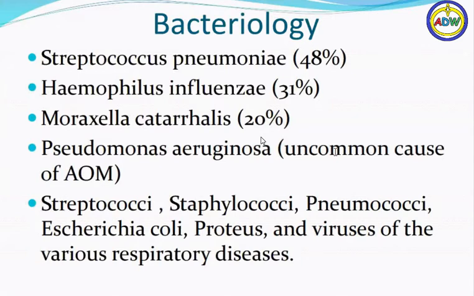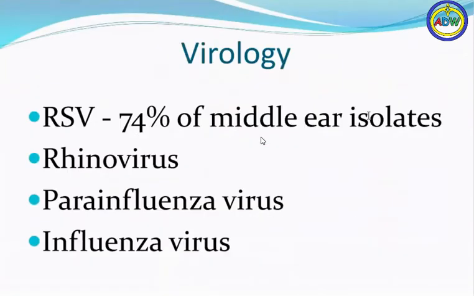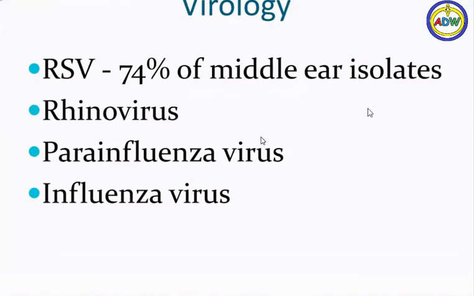After that, you can understand why the viral infections located in the upper respiratory tract can be involved in this process of the middle ear. Viruses will also be rhinoviruses, 74% of middle ear isolates. Rhinoviruses, parainfluenza virus, influenza virus.